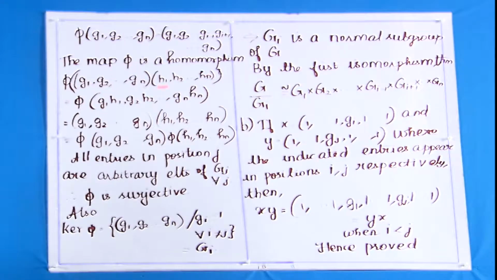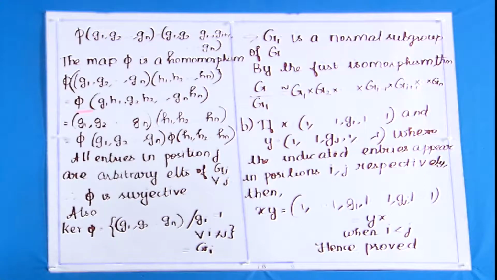So, this is equal to phi of (g1h1, g2h2 so on up to gnhn). So, we are doing the product of these two terms. This is equal to, since this is the mapping here, (g1, g2 so on up to gn) is mapped to (g1, g2, gi minus 1, gi plus 1 so on up to gn) here. So, the same element is going to be coming here also.